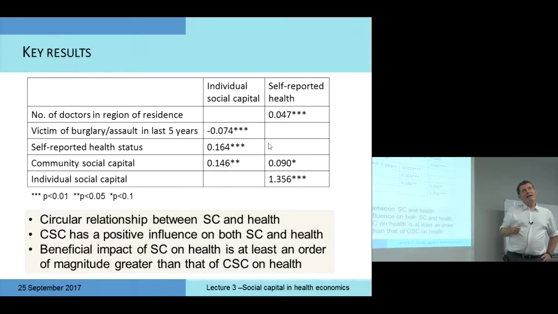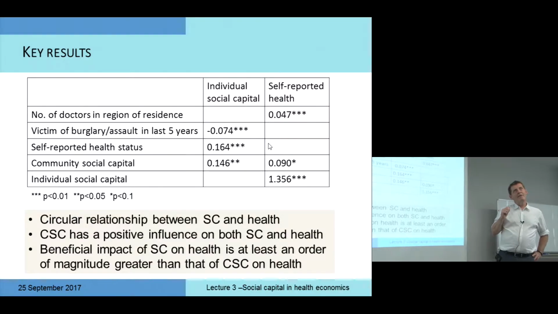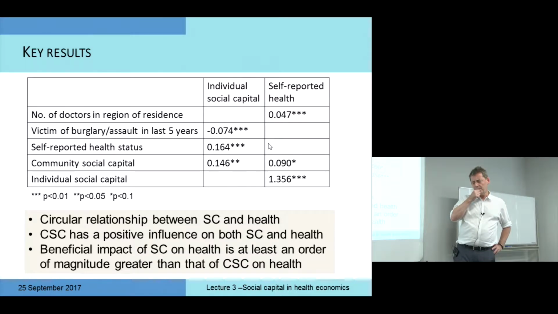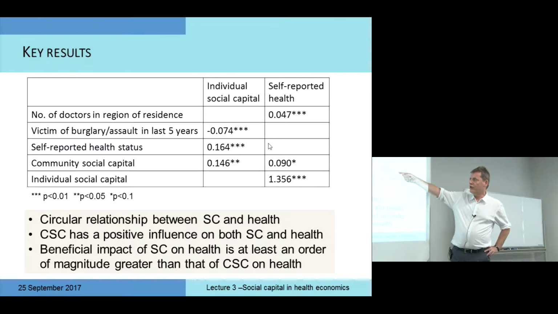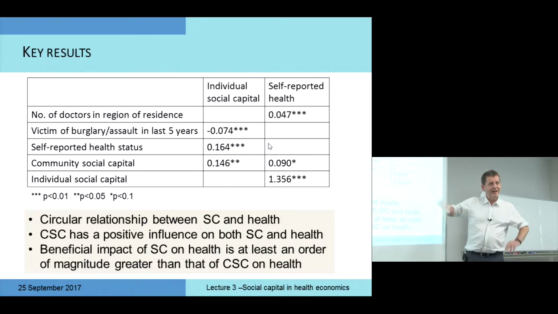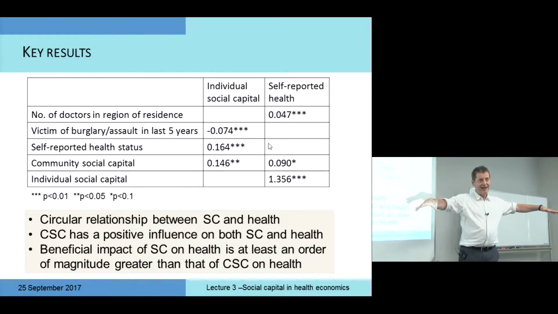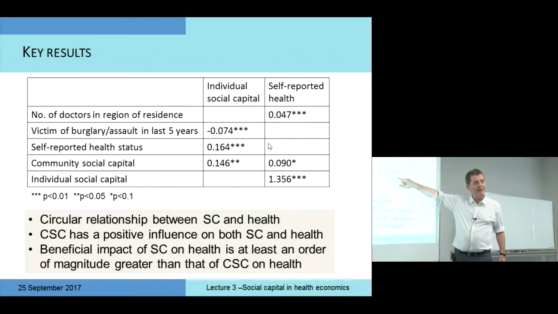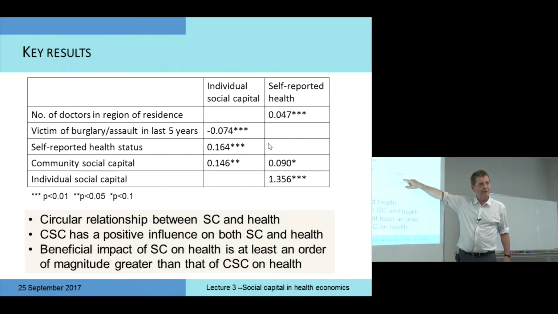However, if we think about implications for policy, which I'll be coming on to a bit more now, if you change community social capital, that's changed for everybody, potentially. And so, although the individual effect is small, you might be having that effect across a lot of people.